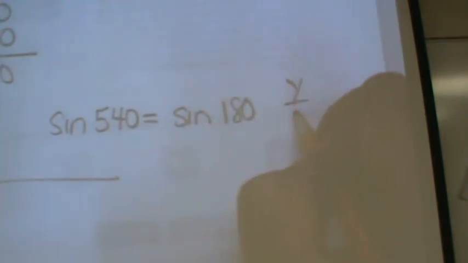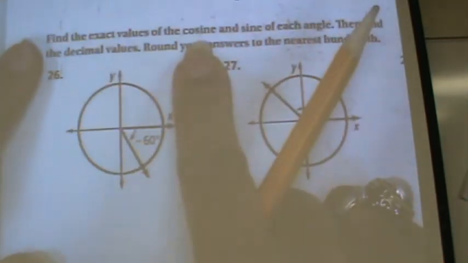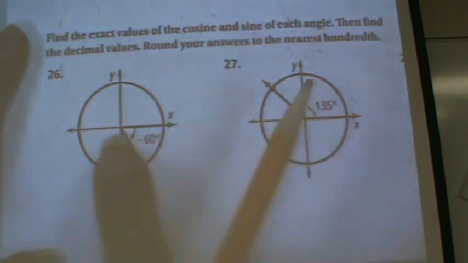It's the same as the sine of 180, and sine is Y over R. Where's the Y value? 0. 0 over 1 is 0. And what's the cosine going to be? It's X over R, -1. Okay? I want you to try the back page for homework and see if you can find the sine and cosine of these three problems right here.